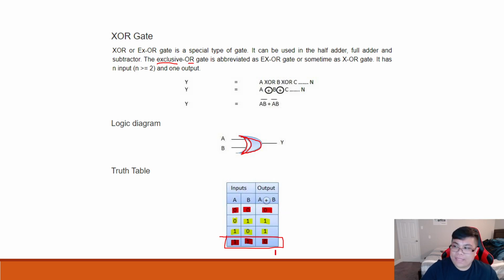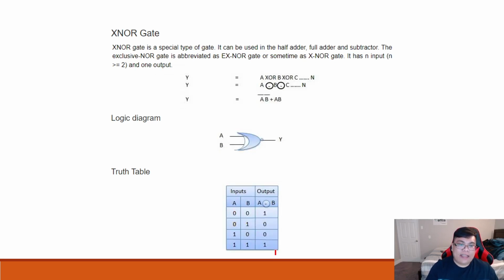Okay, that's the XOR gate. Now we have the XNOR gate, which is the last gate on the list. The way that an XNOR gate works is it's an exclusive NOR gate.